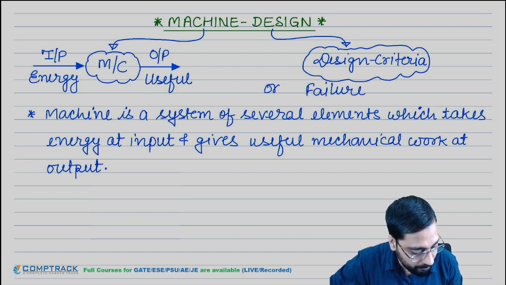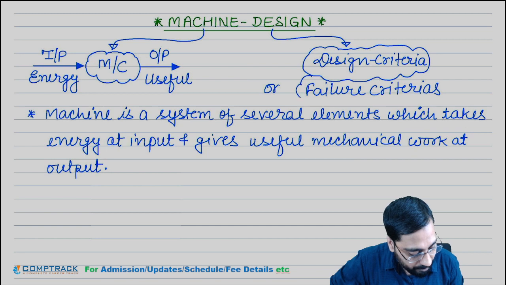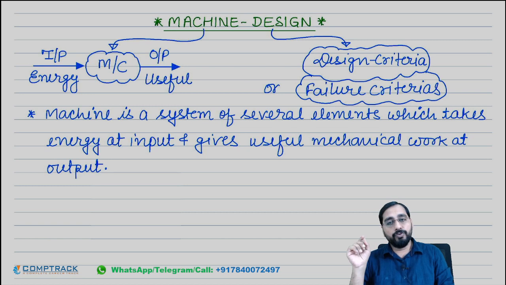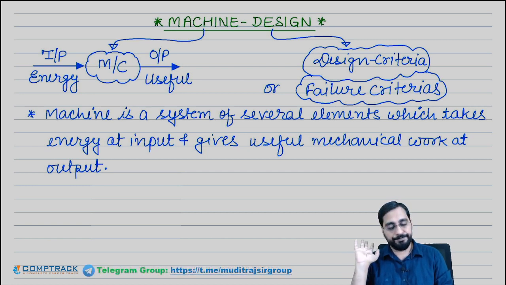Design criteria, or you can say failure criteria. Okay, so design criteria or failure criteria will be different for different materials and different loadings. So we will check that the part should not fail. That is our design procedure.